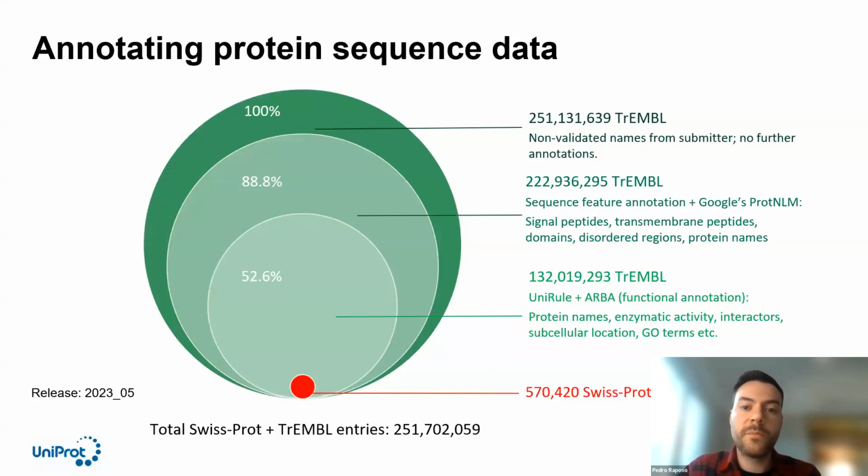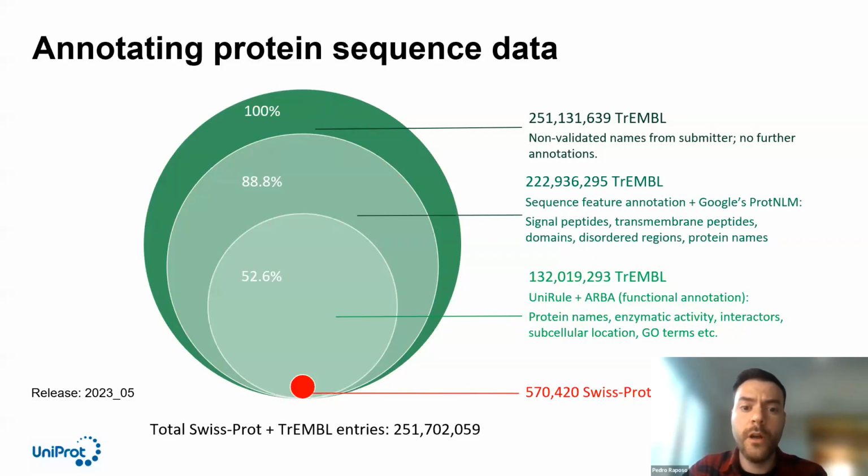Now, this diagram here represents the number of proteins in the UniProt knowledge base. We have 251 million, as we can see, and this is represented by the darker green circle, whilst the red circle represents SwissProt with 570,000 proteins. So overall, UniRule and ARBA together cover 53% more or less of TrEMBL, which means that at least half of our proteins in TrEMBL are annotated by at least one rule from UniRule or ARBA.